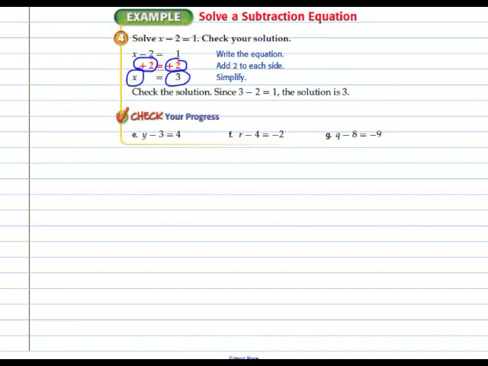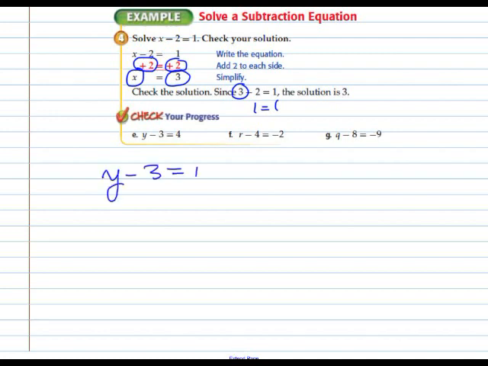Gives me x on one side of the equation by itself, and 3 as the value for x that makes the equation true. You can see here that when I substitute 3 back into my original equation, 3 minus 2 is 1, so that means because this statement is true, that 3 is the solution for this equation.